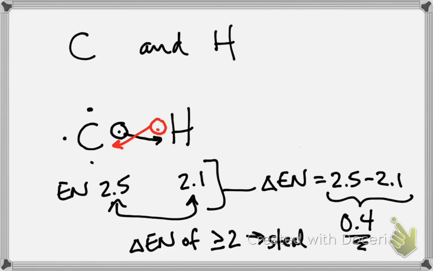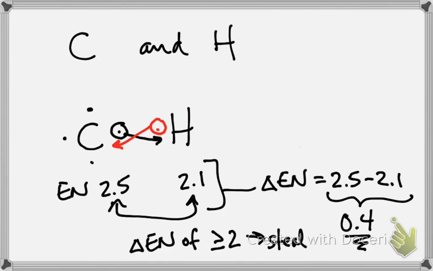Now this is nowhere near 2. So that means carbon is just nowhere near strong enough to steal from hydrogen. So this is going to have to be a share. And sharing is something you're forced to do when you're not strong enough to steal. That is incredibly important to understand.